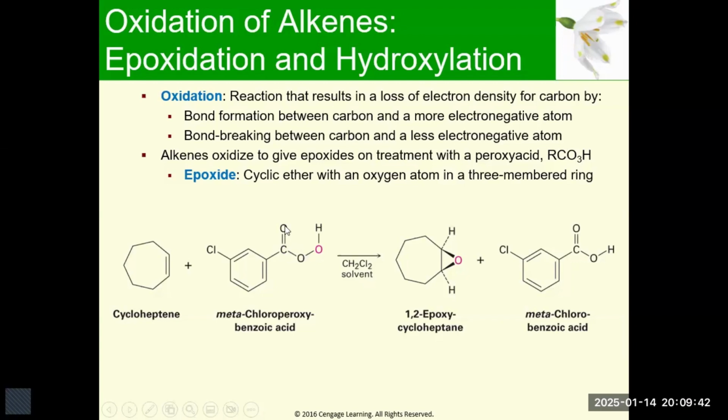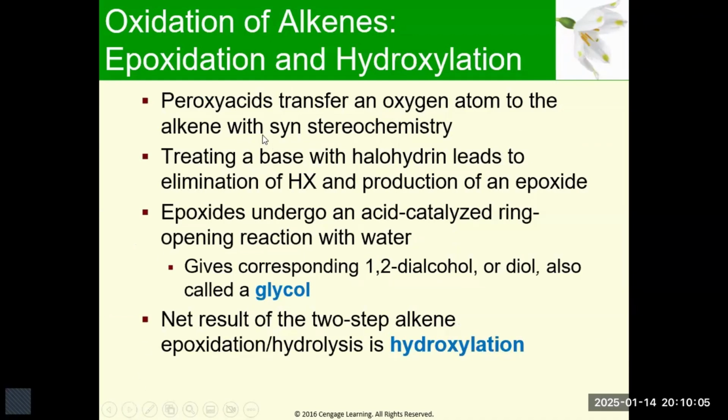You remember carboxylic acids, but instead of being a regular carboxylic acid, you have that extra oxygen in between, and that's where the peroxy acid comes in. So you have a carbon bonded with a carbonyl group and then this peroxide portion of it. Peroxy acids transfer an oxygen atom to an alkene with syn stereochemistry.